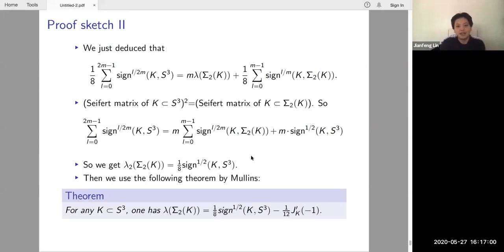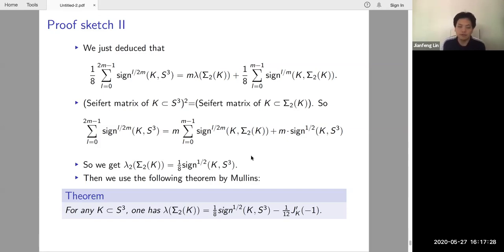And then we use the following theorem by Mullins. This theorem states that for any knot inside S^3, the Casson-Walker invariant of the double branched cover is 1/8 the signature minus 1/12 the derivative of the Jones polynomial. In our case, since we assumed our knot has determinant 1, the branched double cover is an integer homology sphere.